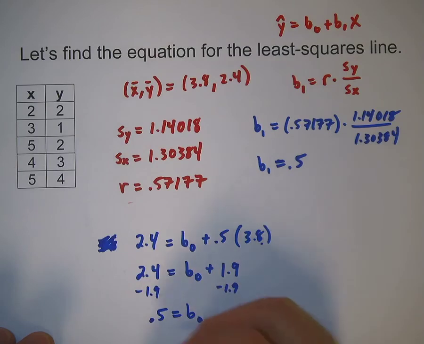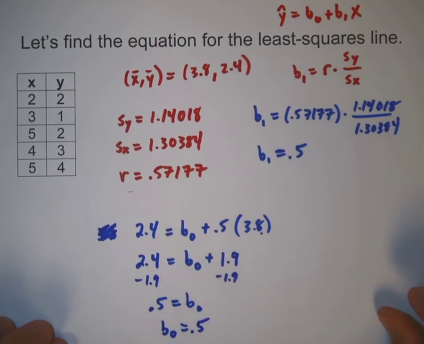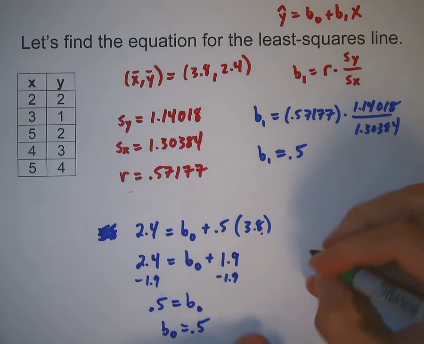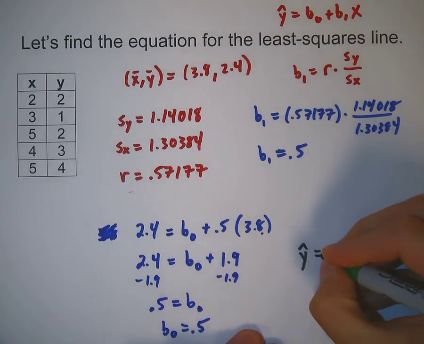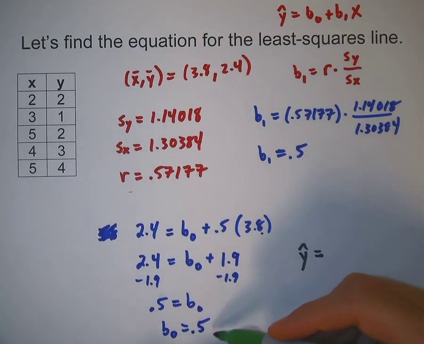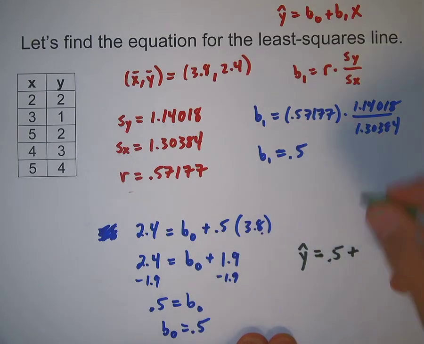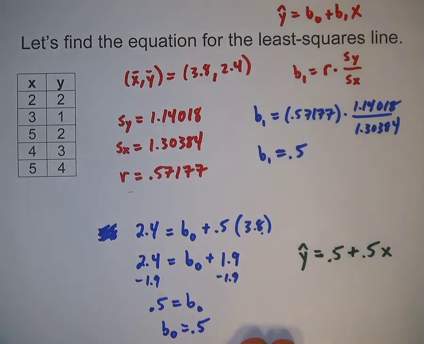So b sub 0 is equal to 0.5, so my y-intercept is 0.5. My final equation then looks like y hat equals 0.5, which was my y-intercept, plus my slope, which is also 0.5, x. That is my line of best fit, or my least squares line.